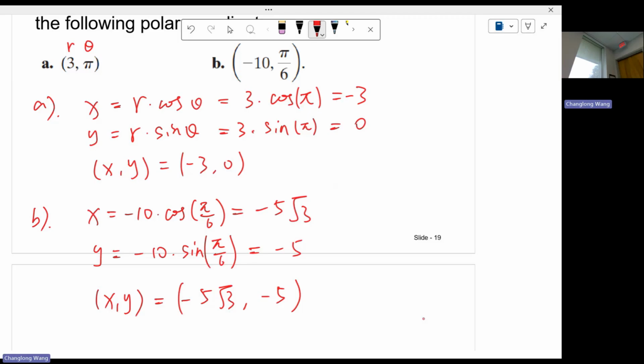Just letting you know they have two numbers, -5 radical 3 and -5, do they have to be x and y? No. r could be negative, theta could be negative. Theta could be all real numbers. So again, please make sure you read the instructions in the test. Know what you're dealing with. Do they give you r and theta, or do they give you x and y? So now let's take a look at the tricky version of the conversion, going from x and y back to r and theta.